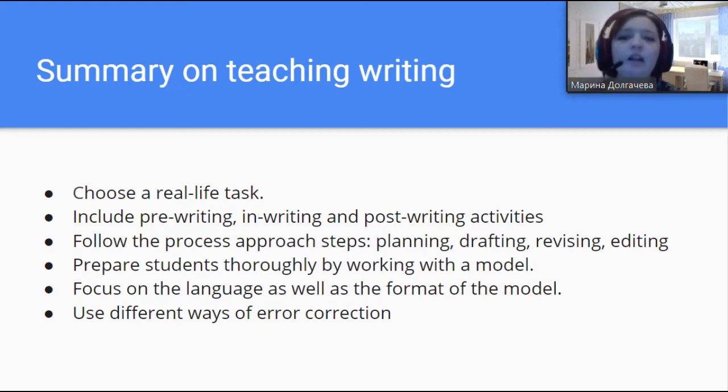So, some real life tasks. When we teach, obviously we need to teach a student to write properly, and that teaching process should include pre-writing, in-writing, and post-writing activities. The process approach steps are to be there as well, and they are planning, drafting, revising, and editing.